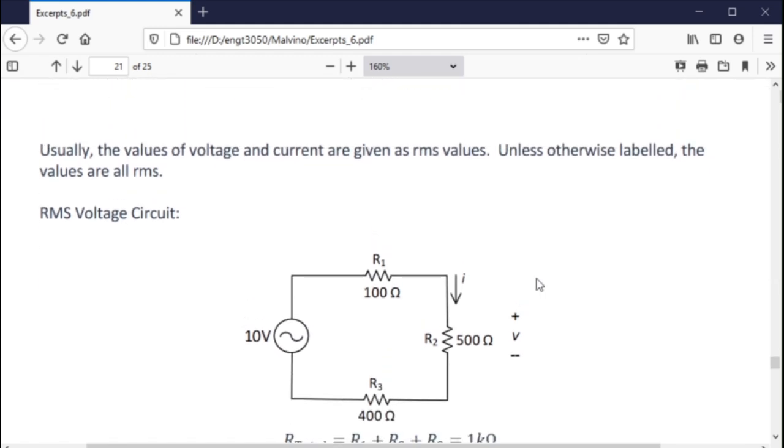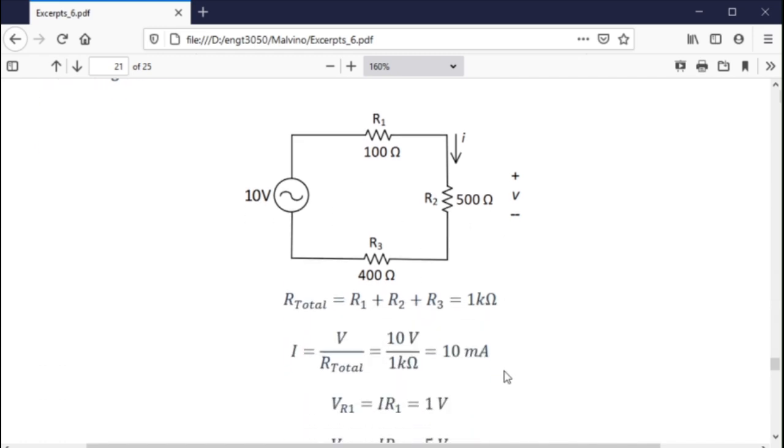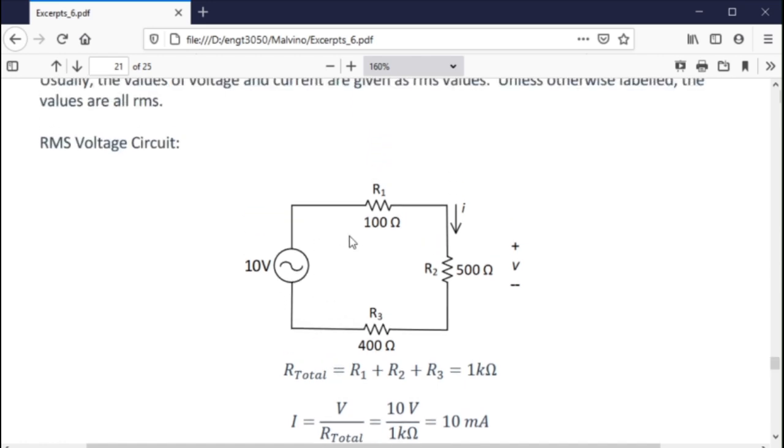So in general, when we talk about a sine wave, we talk about it in terms of its RMS value. Unless labeled peak, usually you would assume that if I said 10 volts, that's RMS. So if I said 10 volts with a squiggly, that means it's a 10 volt AC signal, unless I define that the signal is something else.